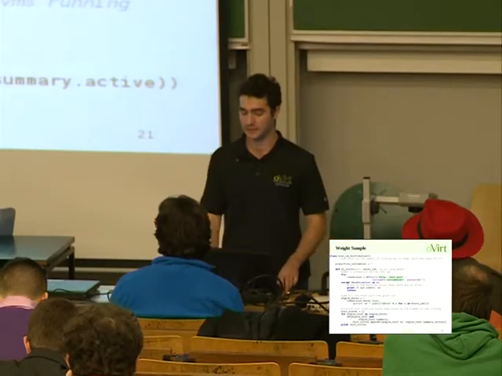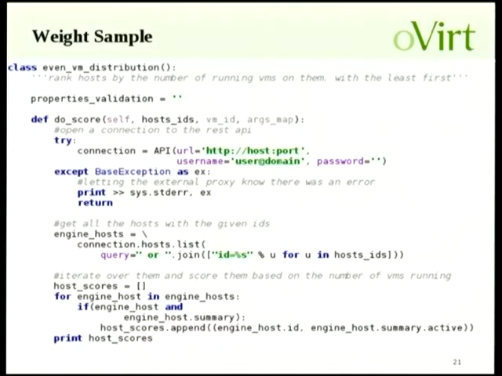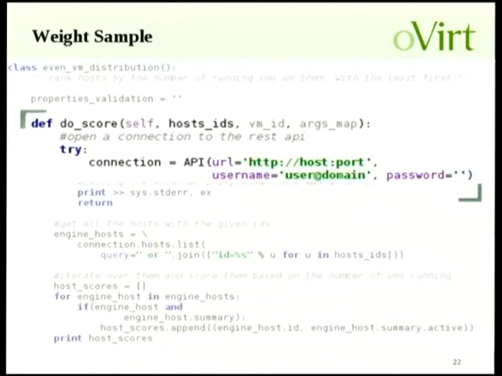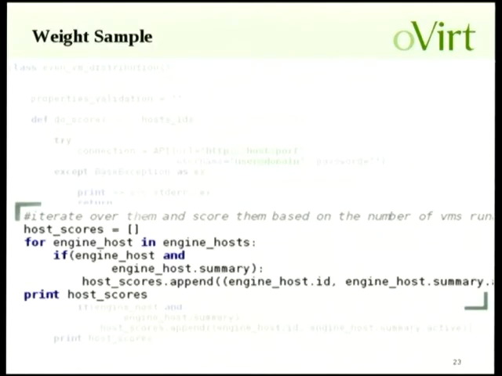Let's see another sample. In this sample, we connect to the server using a Python SDK that we have. This SDK is backward compatible and stable. We connect to the SDK, and then the logic of the weight is basically we iterate over all the hosts, and we append to a list a tuple of the host ID and the weight of that host.